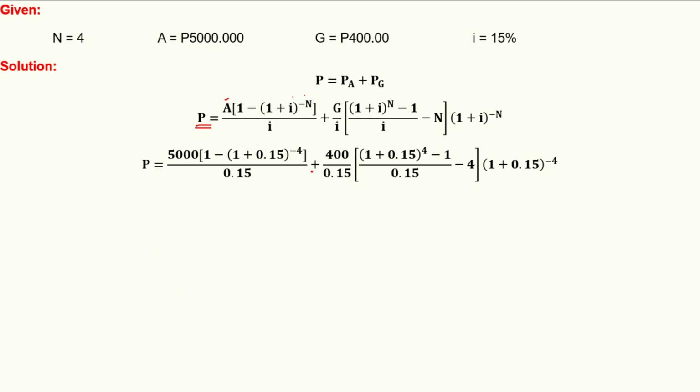Over I, which is 0.15, times 1 plus 0.15 raised to 4 minus 1 over 0.15 minus 4, which is yan yung N. So, ang ginawa lang natin ay direct sub kasi lahat naman yan given. Times 1 plus 0.15 raised to negative 4. So, kapag in-input nyo to sa calcu, ang lalabas ay 15,789.47 pesos.